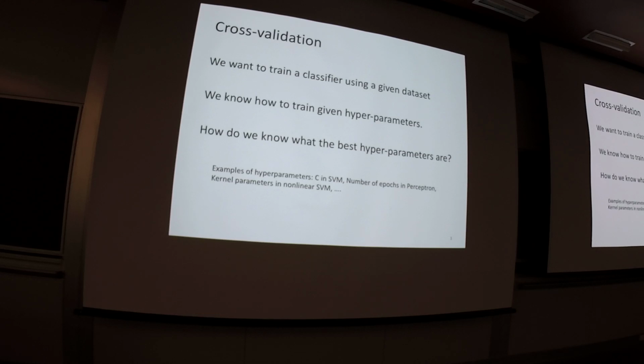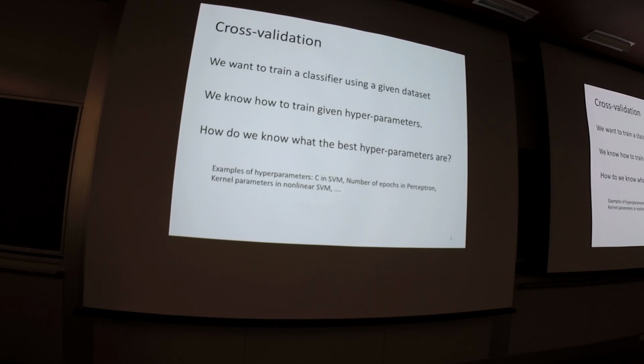This is the cross-validation, the most commonly used method to select hyperparameters. Actually, hyperparameters cannot be optimized, and in some situations you don't even know how to optimize them because they do not appear in the objective function.